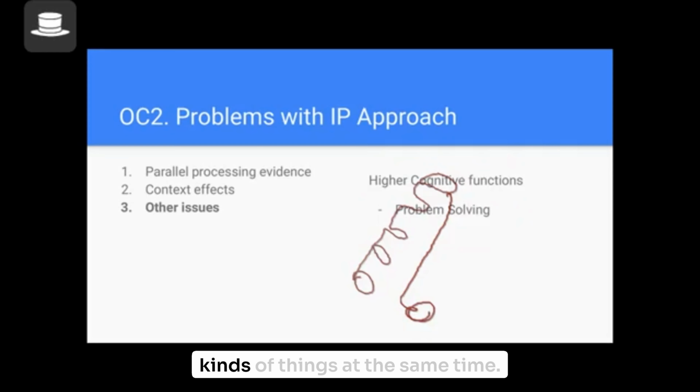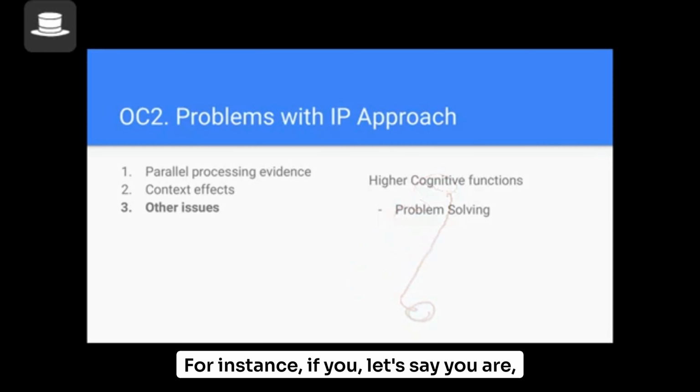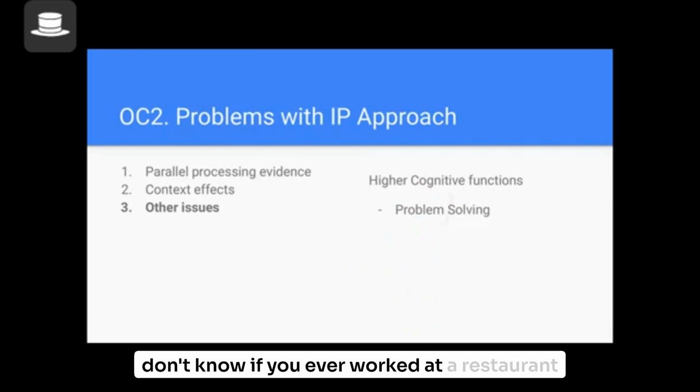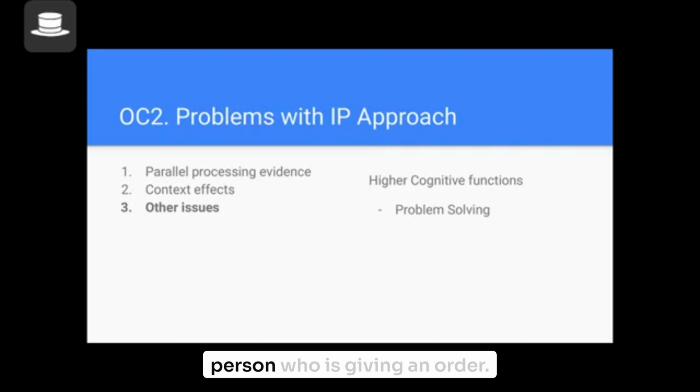For instance, if you ever work at a restaurant, like Starbucks, at the drive-through, just imagine what goes on in your mind as you interact with the person giving you an order, but you're also interacting with the person who has already ordered.